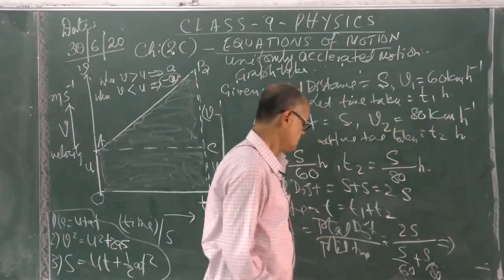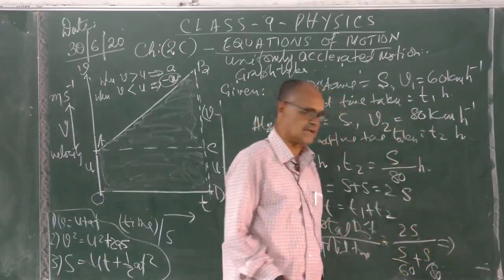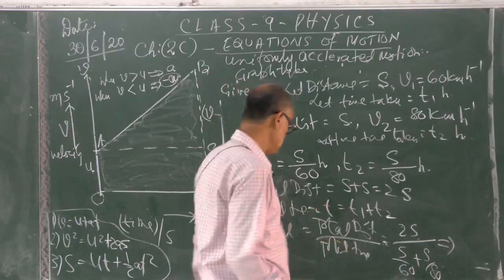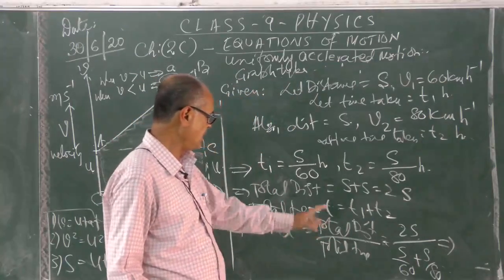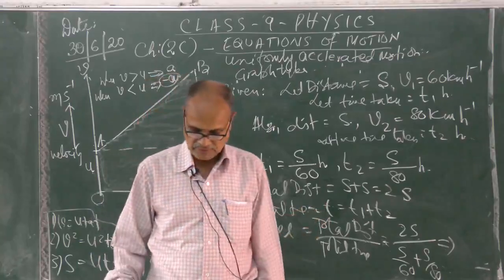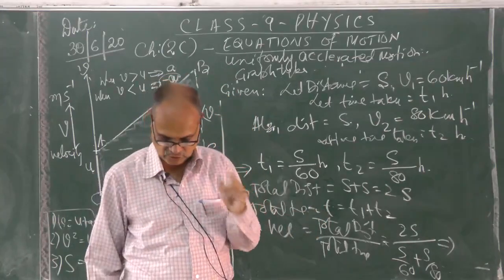From there the LCM will go up, s will get cancelled, and ultimately the speed will be in some fraction, because it will be 5 and 2, it will be 7. So there will be the total distance by total time formula.